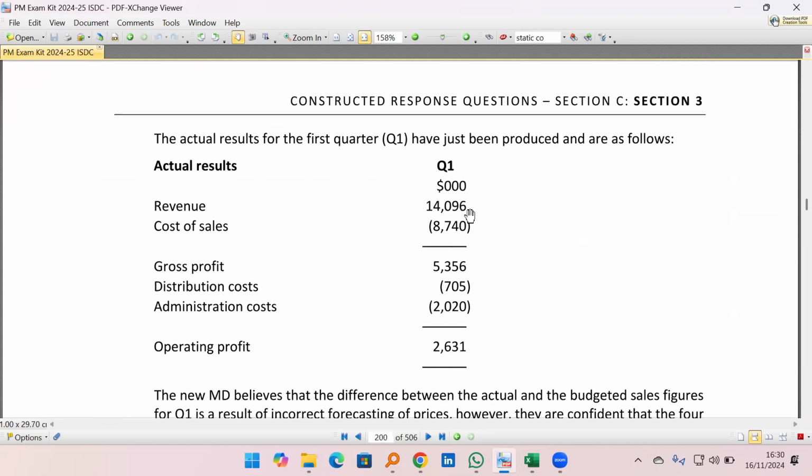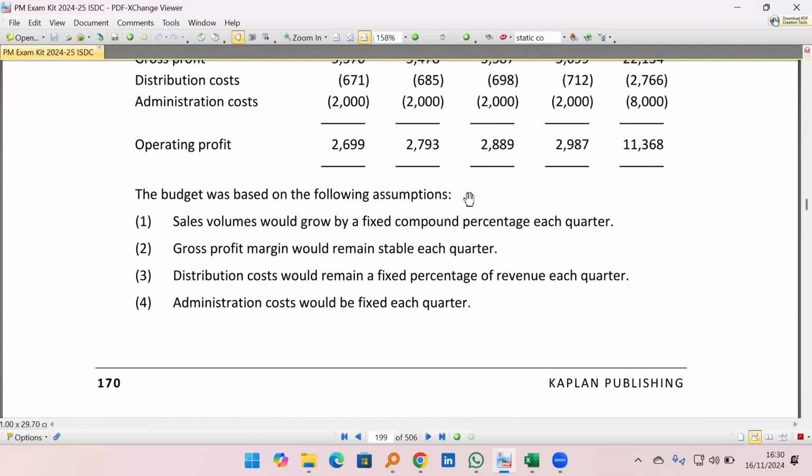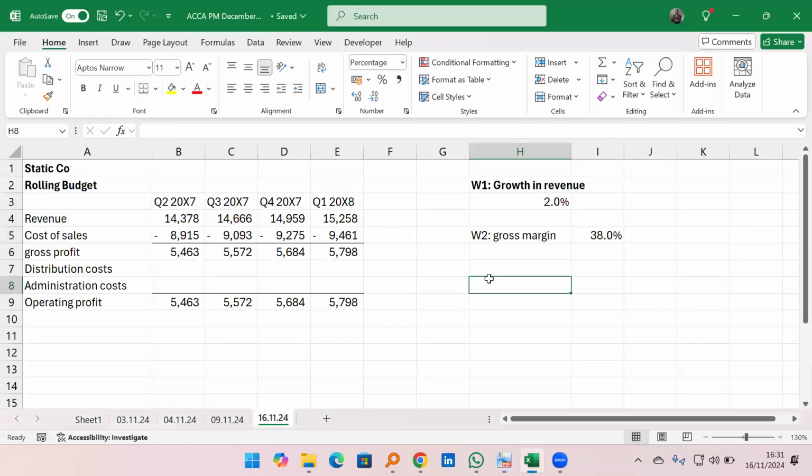So then the other thing they told us was that the distribution costs would remain a fixed percentage of the revenue each quarter. So we can do the same thing for distribution costs. Again, we can use the actuals.